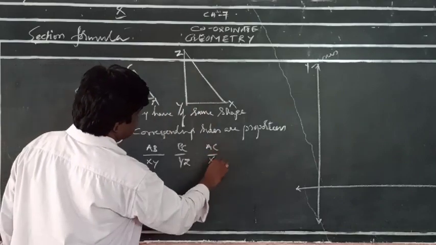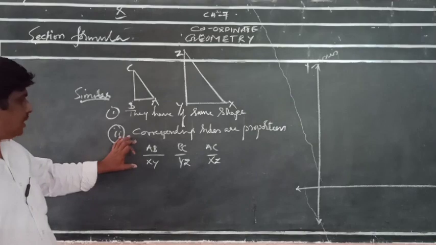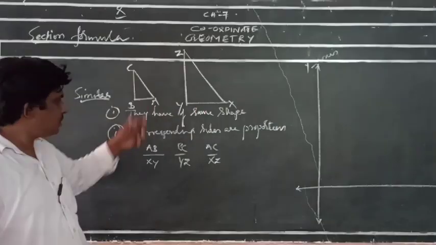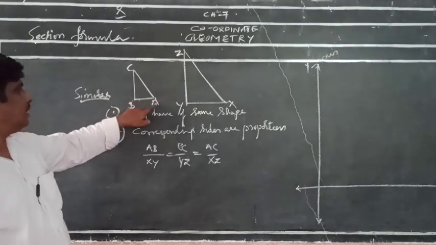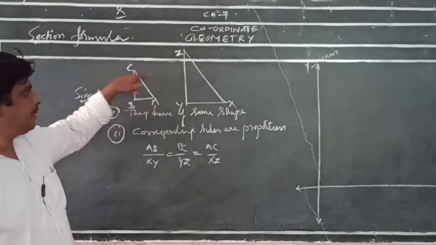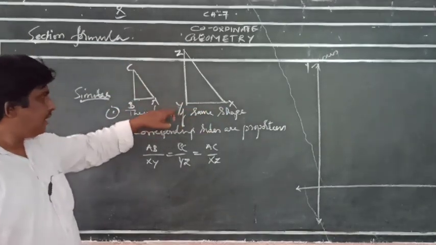If the corresponding sides' ratios are equal, then we can say this right angle triangle ABC is similar to triangle XYZ.